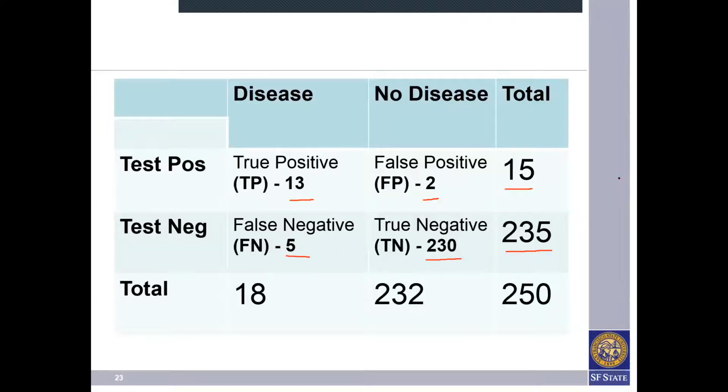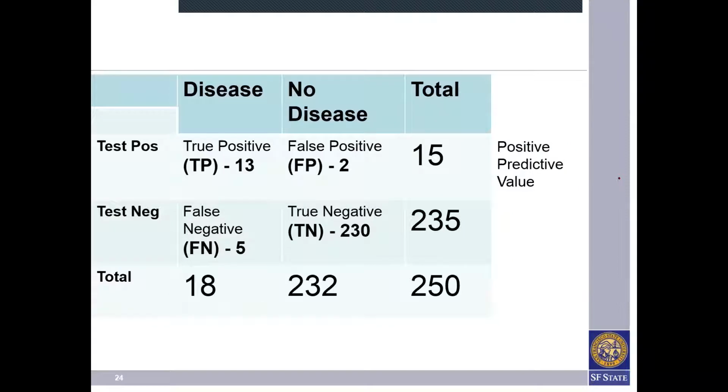So let's give a positive predictive value a shot. What's the positive predictive value of this test? My positive predictive value is going to be my number of true positives divided by my total number of positives. 86.7%, 13 divided by 15, yeah?